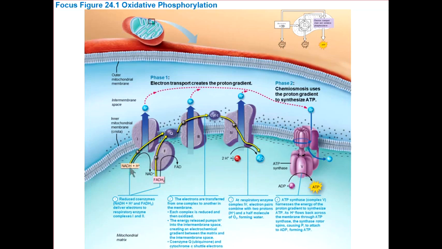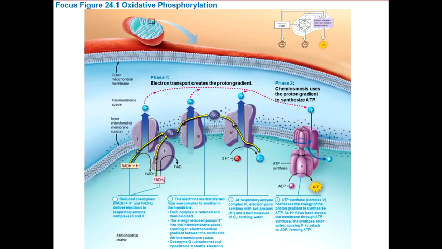Complex 1 will take NADH plus H. Complex 2 is where FADH2 goes. The electrons they picked up during their reduction now get oxidized back to their original form. You can see that here and here: NAD being formed in oxidation, FAD being formed in oxidation.